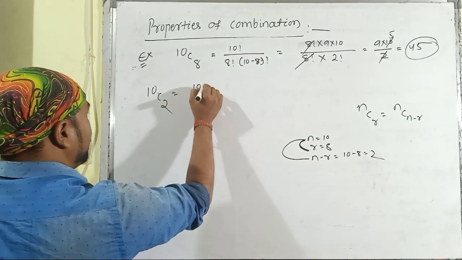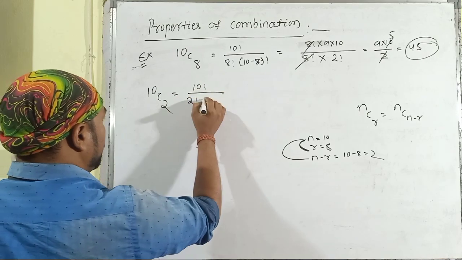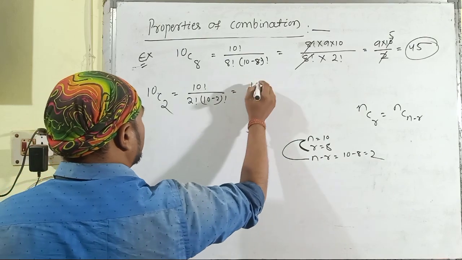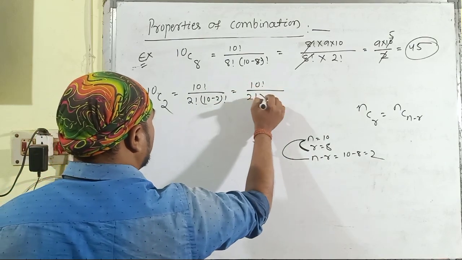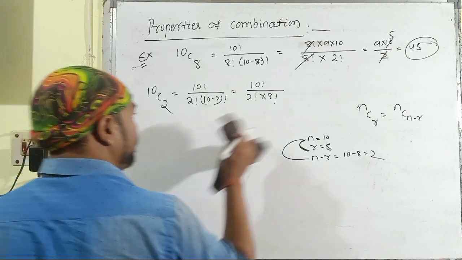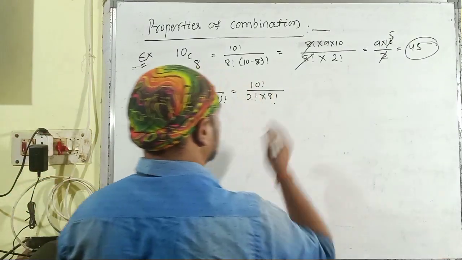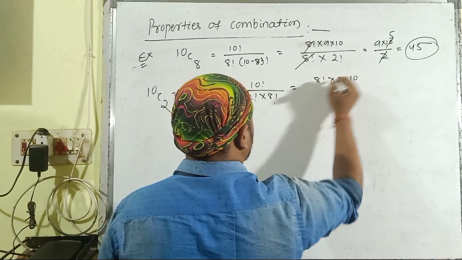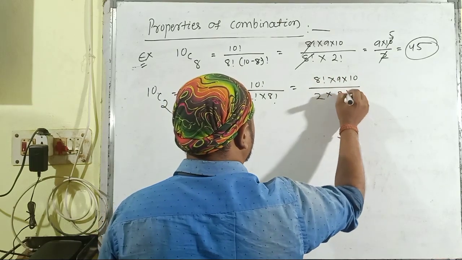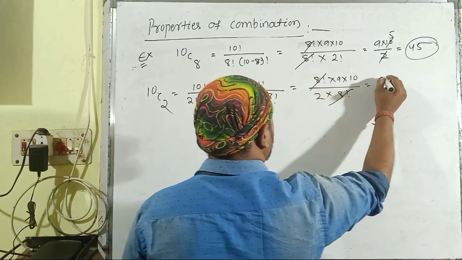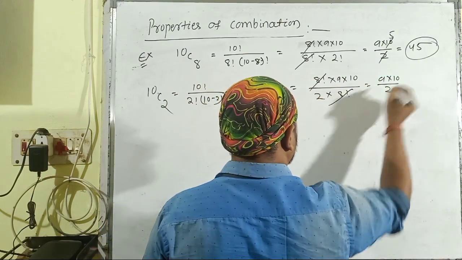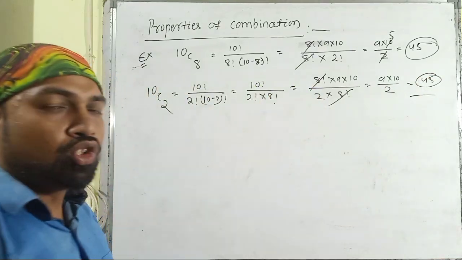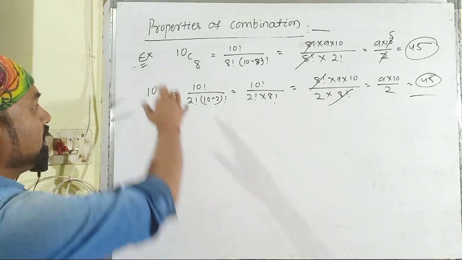So it will be 10 factorial divided by 2 factorial multiplied with the factorial of 10 minus 2, and this is 10 factorial divided by 2 factorial multiplied with 8 factorial. So it is 8 factorial multiplied with 9 multiplied with 10, divided by 2 multiplied with 8 factorial. Cancelling both of the common parts, again we arrive at the value equal to 45. And here it has been proved that property 1 is satisfied by this example.